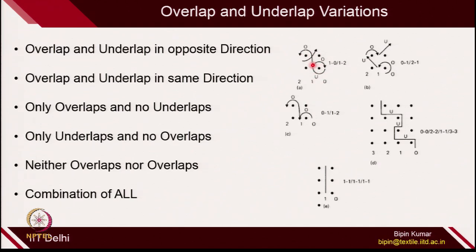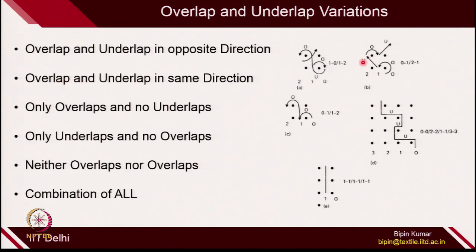Here the overlap is in the right direction, underlap is in the left direction. Similarly, in the second course, overlap is in the left direction, underlap is in the right direction. So, overlap and underlap are in opposite directions in each course. Now, the other possibility is where overlap and underlap are in the same direction.